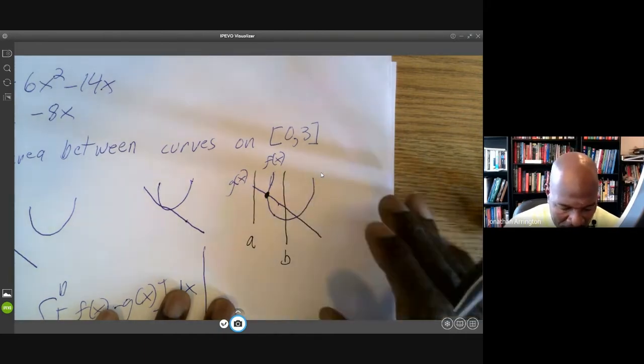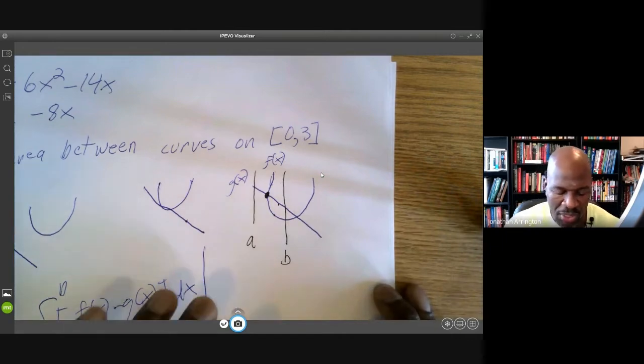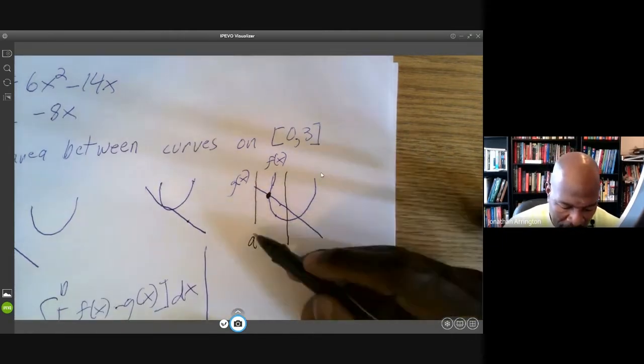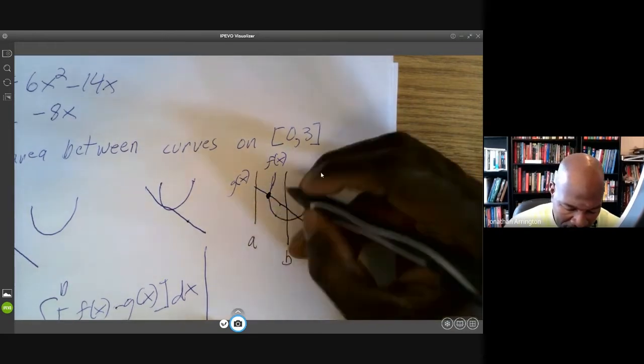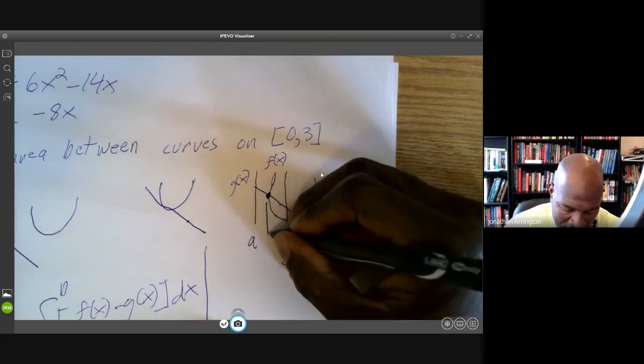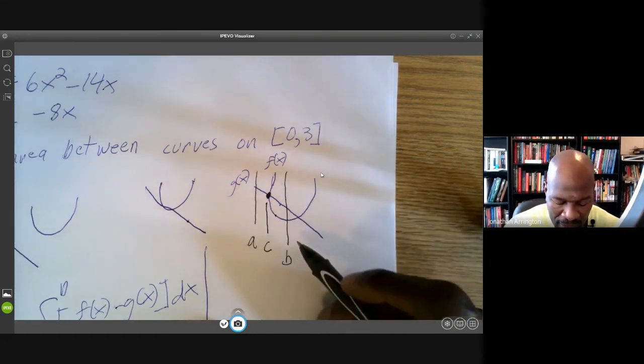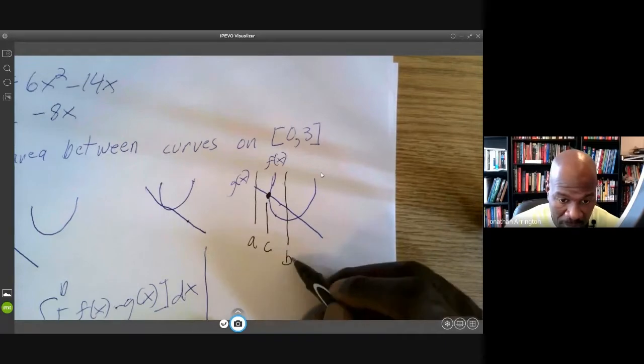So when a situation like that occurs, you've got to do two integrals. One from a to this point of intersection, let's call this point of intersection c. So one from a to c and the other from c to b.